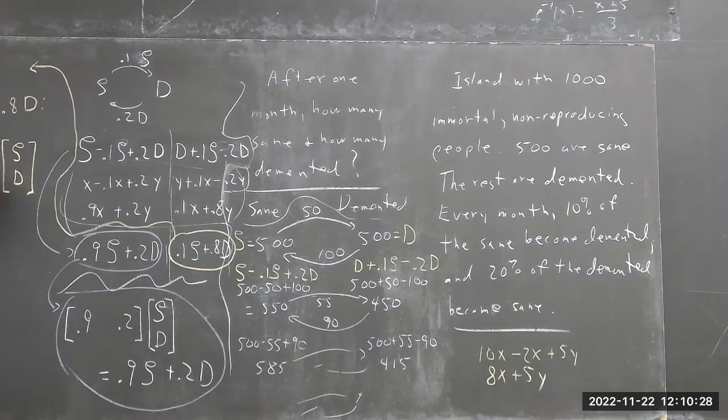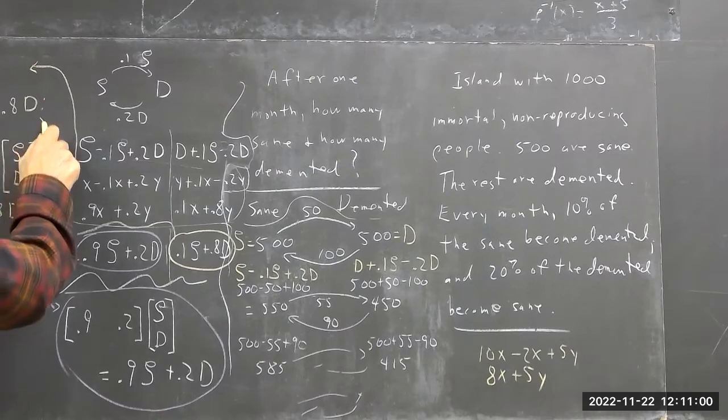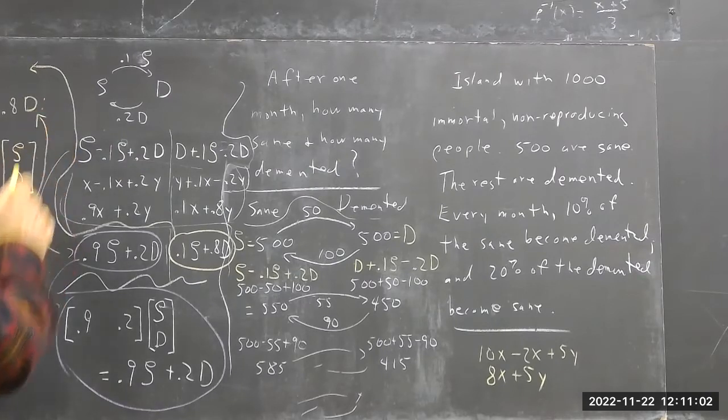We don't want to always be making a decision about which one comes first, so it's always going to be SD. Then what numbers do we need? Everybody saw that this would be 0.1 and this would be 0.8: 0.1 times S plus 0.8 times D, so that this matches this.